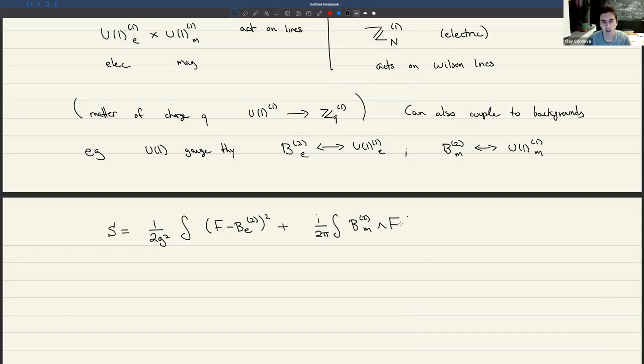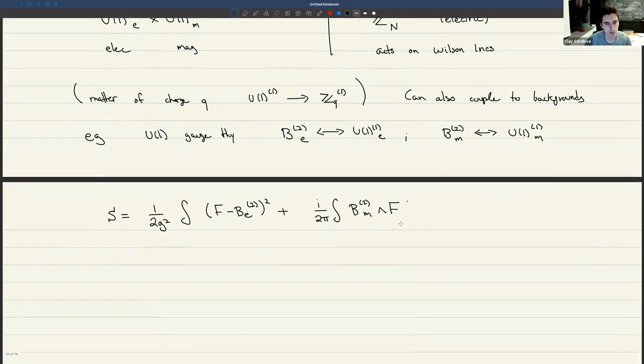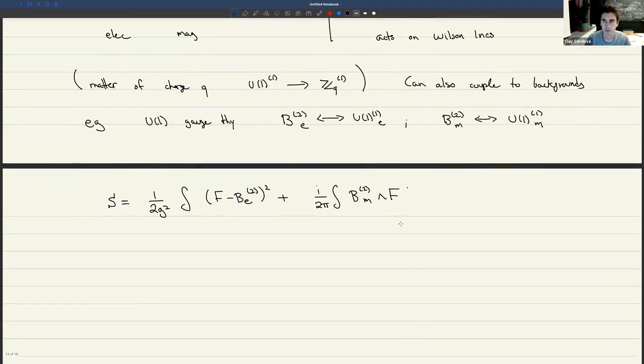So that's the action for U1 gauge theory in the presence of background gauge fields for both the electric and the magnetic one-form global symmetries. There's something similar you can do for Zn one-form symmetry of SUN. It's a little more technical, so I won't do it right now. Okay. Any questions about this?